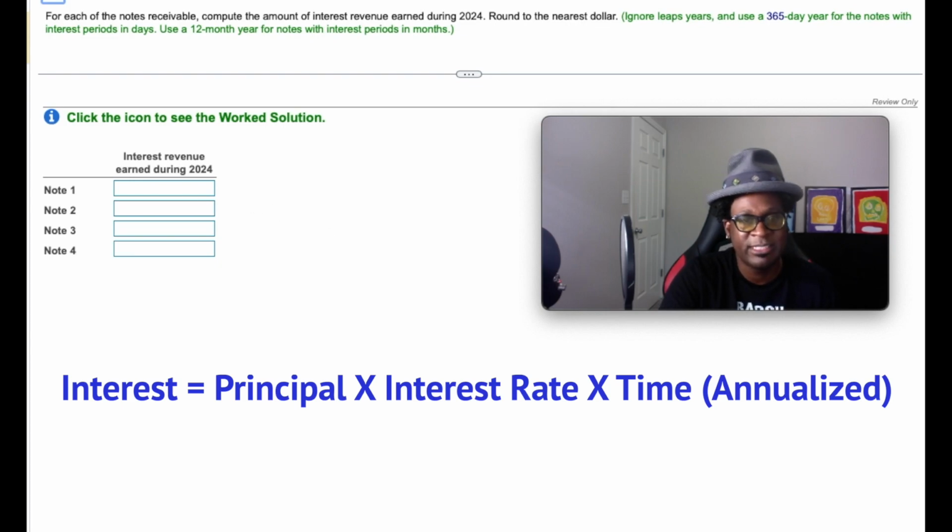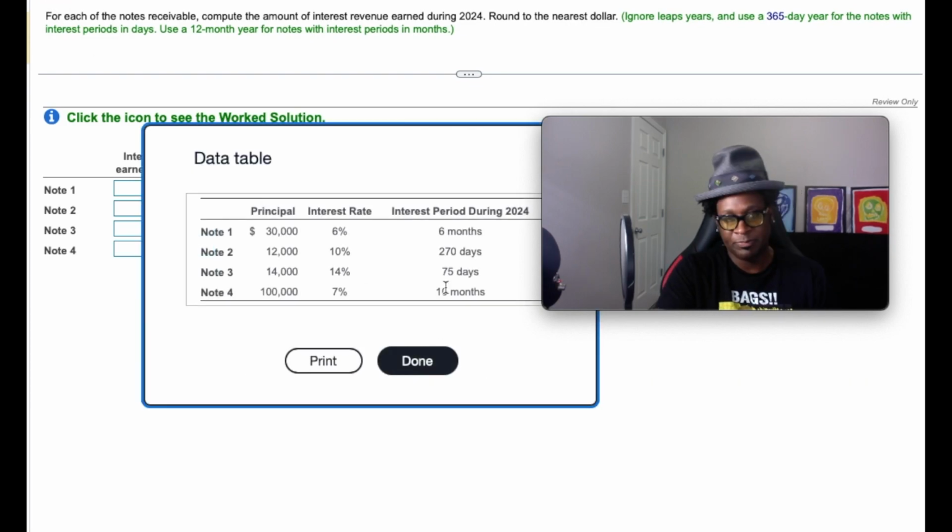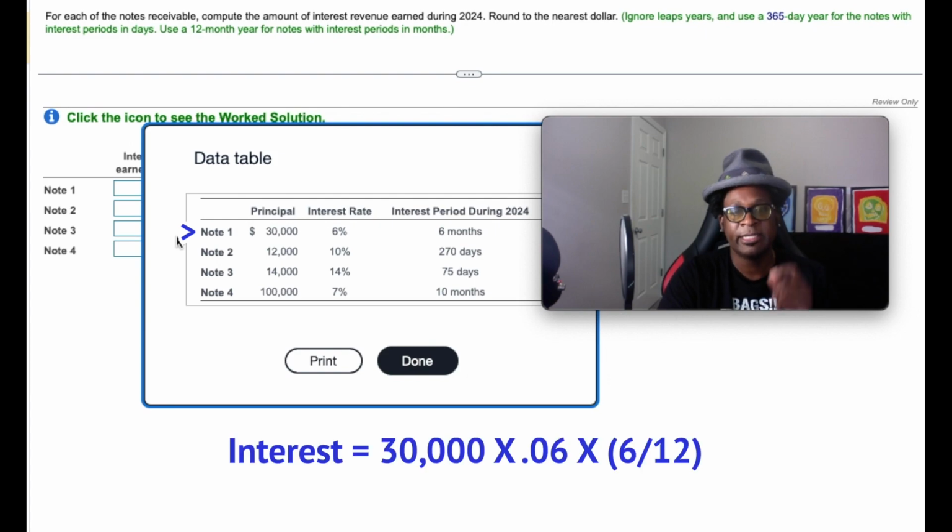And so as we see with these particular time periods, we're going to have to adjust them for an annual basis. For example, in order to calculate the appropriate interest revenue earned for note 1, we're simply going to take the principal amount of $30,000 multiplied times the interest rate of 6%, then multiply times 6 months over 12.